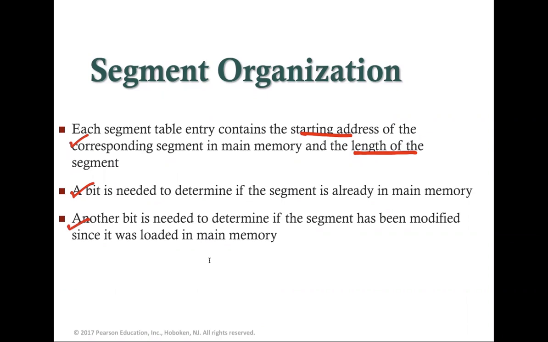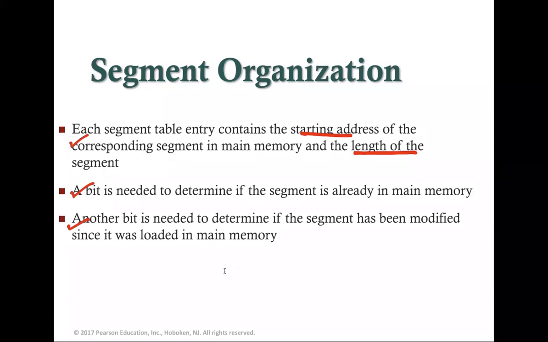In addition to this, another control bit in the segmentation table entry is needed, which is the modified bit. This bit is used to indicate whether the contents of the corresponding segment have been altered since the segment was last loaded into the main memory. If there has been no change, then it is not necessary to write the segment out when it comes time to replace the segment in the frame that is currently occupied.